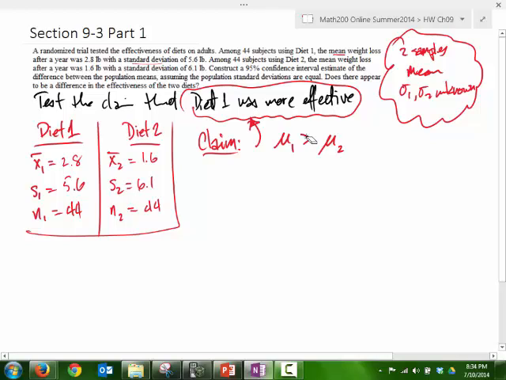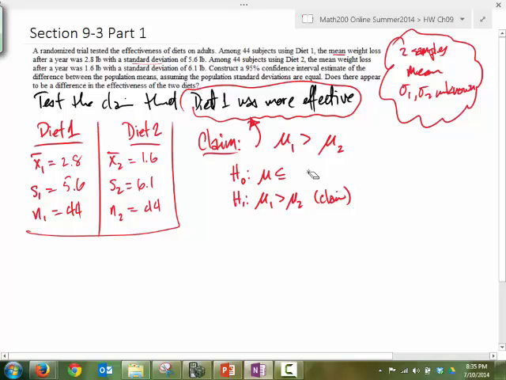All right? So once you get that figured out, you know your null and alternative hypotheses. Mu1 bigger than mu2 is the claim, and since that claim does not contain a condition of equality, it goes under the alternative hypothesis. Then your null hypothesis, you can write the exact opposite, which contains a condition of equality, or you can just write equals.